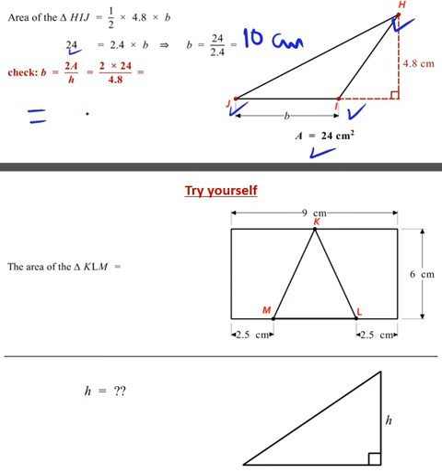If you want to substitute directly in the relation, which is 2A divided by the height, you will get 2 times 24, which is 48, divided by 4.8, which is 10 centimeters.